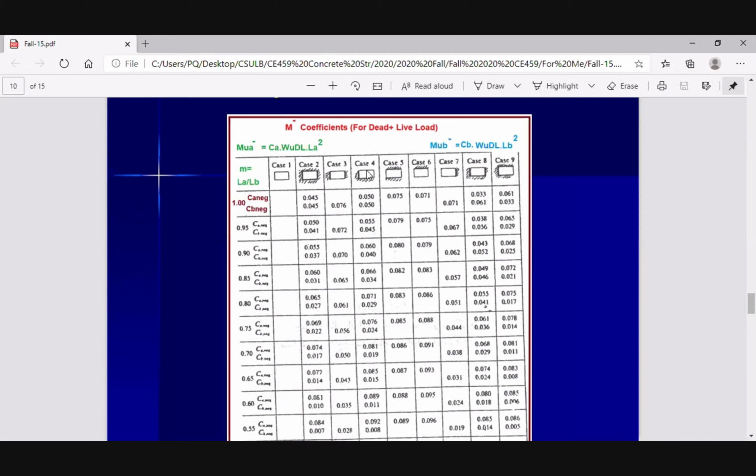So negative moment, 0. Negative moment here, this is the factor, times omega U, 1.2 dead load plus 1.6 live load, times LA squared. Do the same for the B side. That's it. So right now, you know why there is no number here. When there is no number at the B direction, it's because simply supported, there is no negative moment.